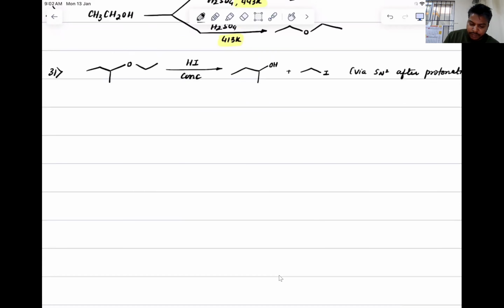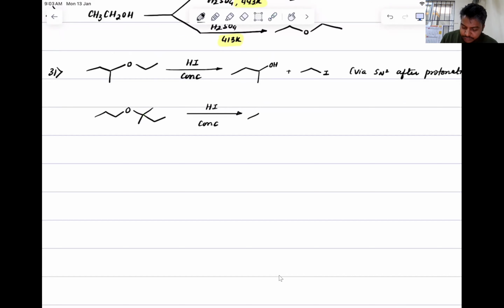So this is one important reaction. The other reaction, also given in an in-text question, is like this. Now, if you treat with concentrated HI, what shall be the product? The minute you have a 3-degree or an allyl or a benzyl kind of group position in the ethers, then you should go in the direction of carbocation.